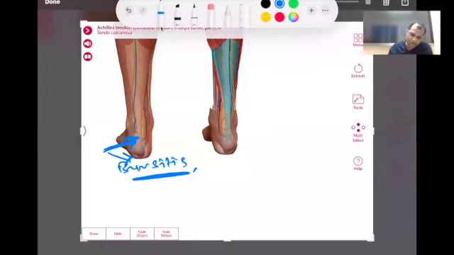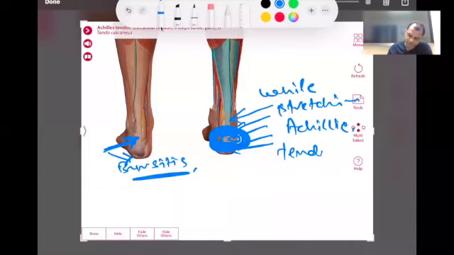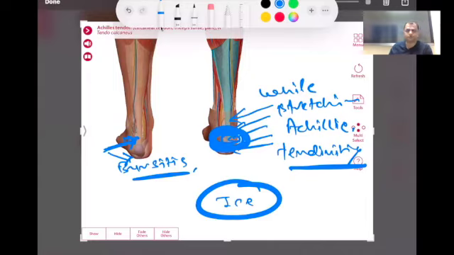And if this is paining while stretching, then this is Achilles tendinitis. So this part is painful, Achilles tendinitis. Okay, in all the conditions, you have to apply ice application.